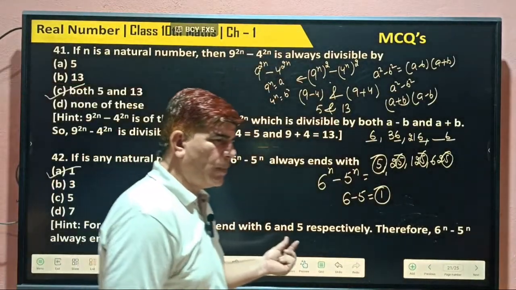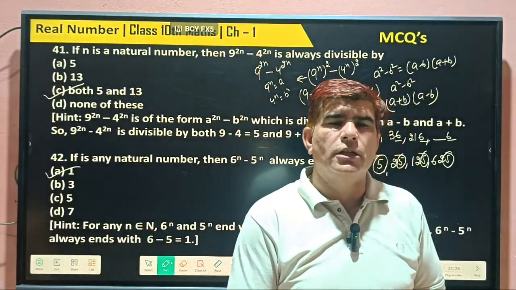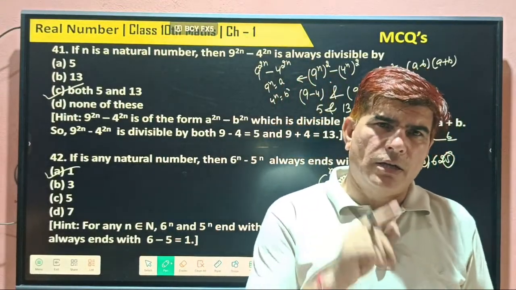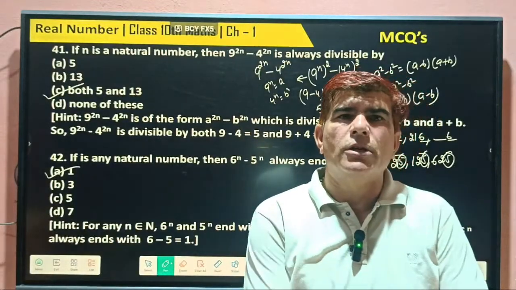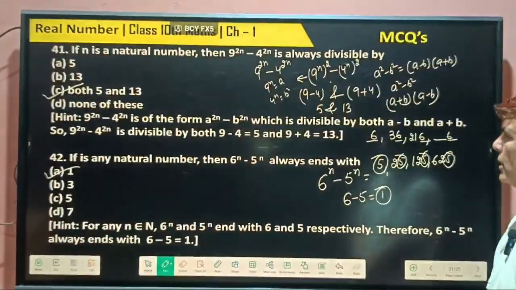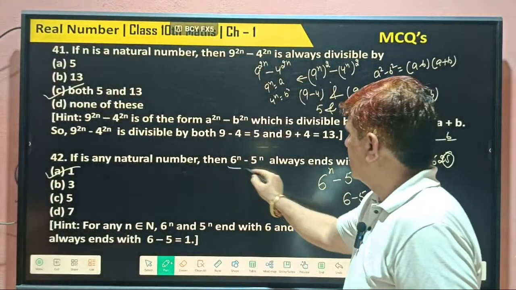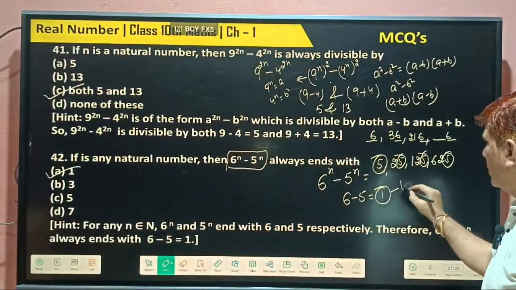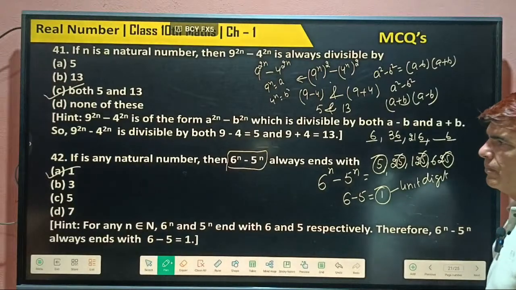So 5 power n, where n is a natural number, always has unit digit 5. And 6 power n, where n is a natural number, definitely has unit digit 6. So how much is the difference? 6 minus 5, which is 1. It always ends with 1, so the unit digit coming is 1. Got it?